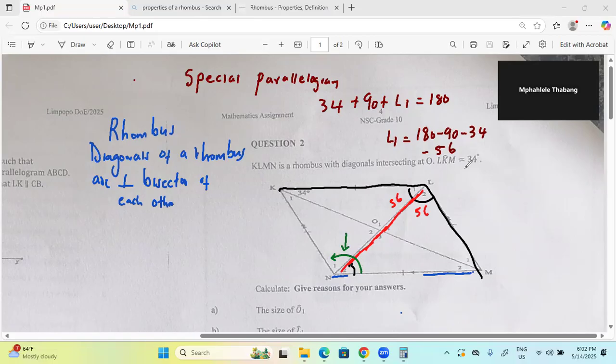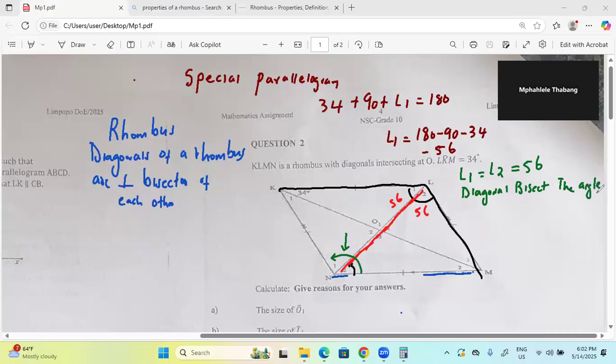Okay, so I will say L1 equals L2, and all of them equal 56. I will say diagonals bisect the angles.